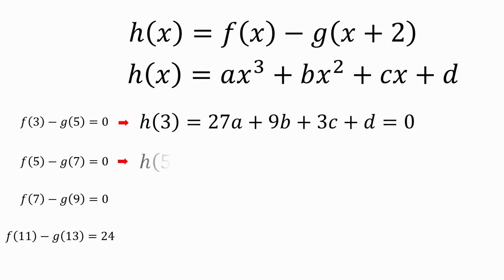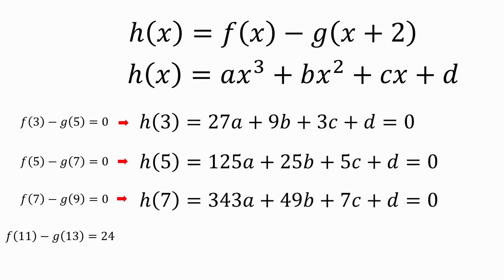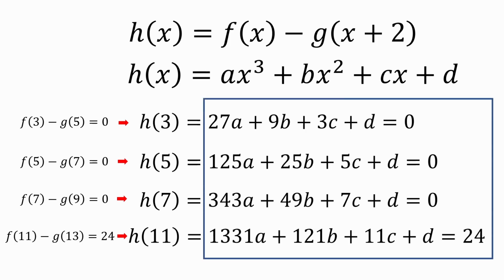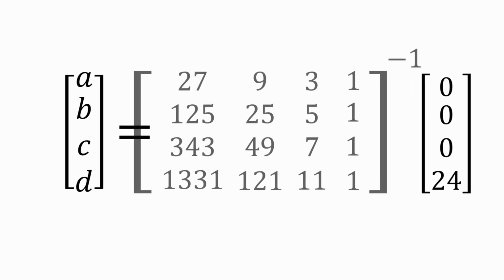When x is 5, we get this. Then moving on to x is 7, we get this, and finally when x is 11, we get this. Notice that these are all linear equations, and we can now solve for the coefficients a, b, c, and d using matrix algebra. Crazy Solver can smell the solution, but he first needs to multiply both sides by the inverse of this 4x4 matrix.